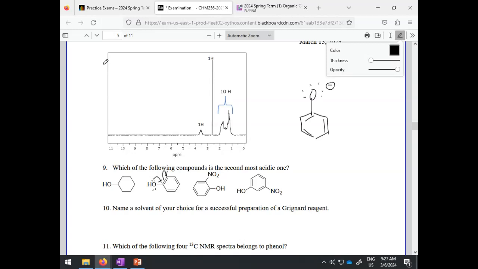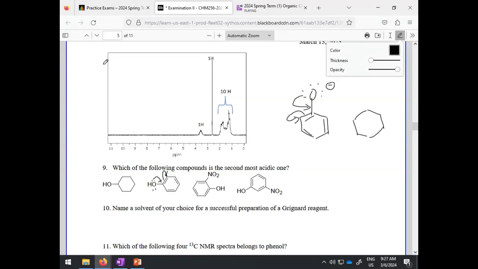So you find out that in all the conjugate bases of those four compounds, in phenoxide, the negative charge of the oxygen can actually delocalize into the ring. So that makes each and every phenoxide less basic than the alkoxide.